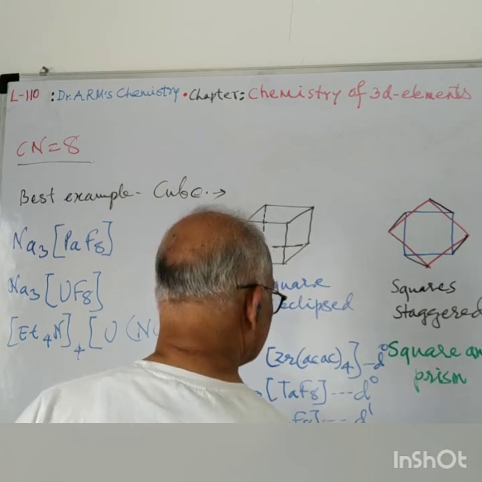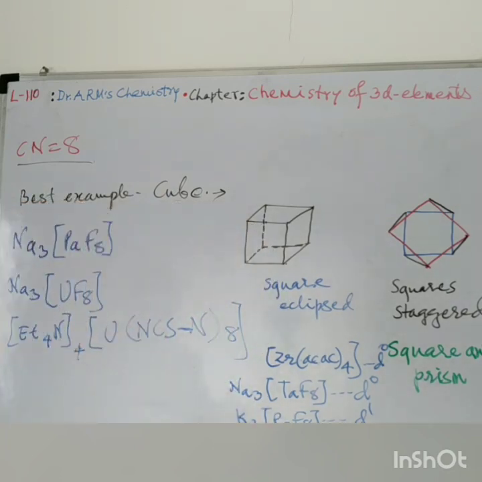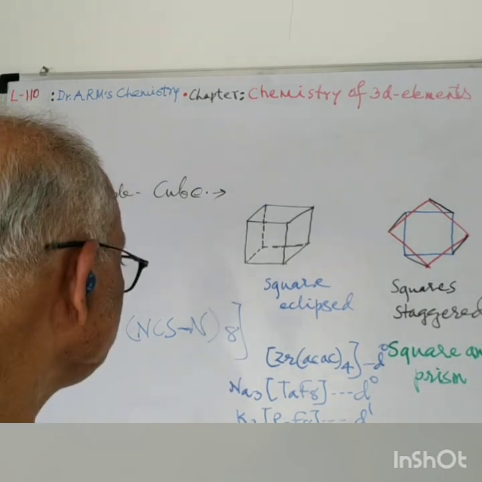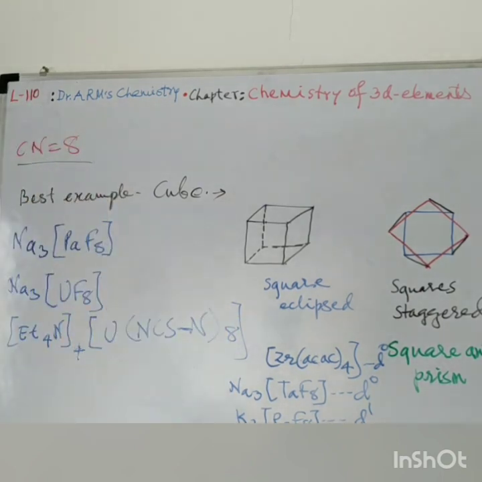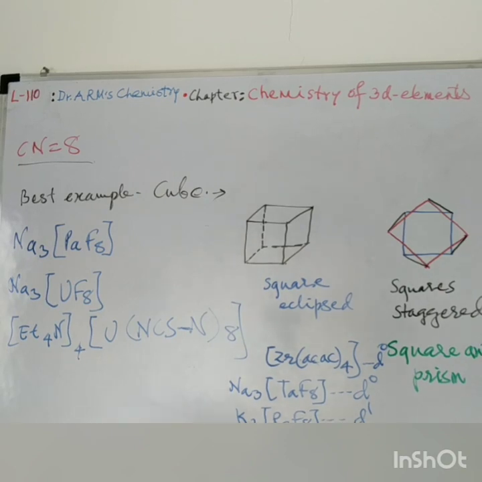This is d1 configuration. So these are some examples of the cube and the distorted, that is the square staggered, structures.